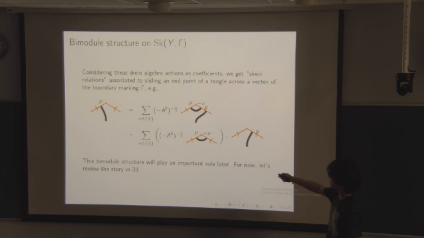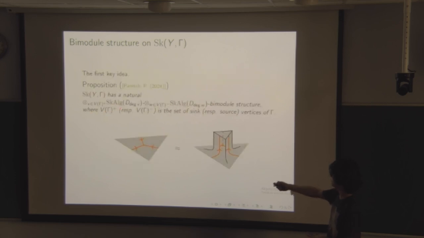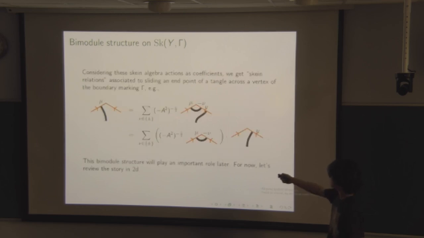So if we view these stated skein algebras, for which this skein module is a bimodule, as coefficients, then we get some sort of skein relations where we can, as we slide the endpoint of a stated tangle across a vertex, with coefficients in this stated skein algebra.